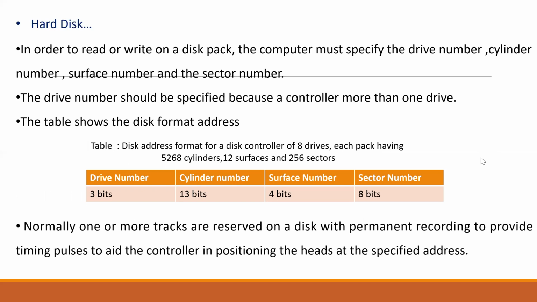See, this table contains the disk address for the disk controller. If you want to write or read data, the computer must specify the drive number, meaning which drive, and which cylinder number, which surface, and which sector.